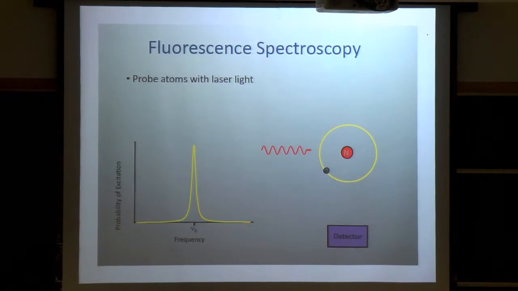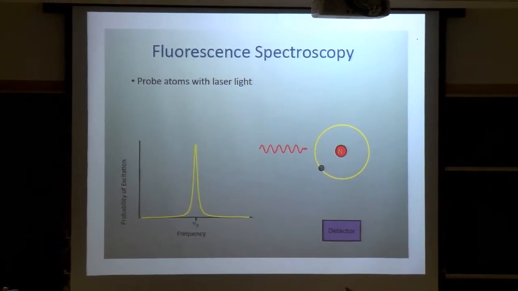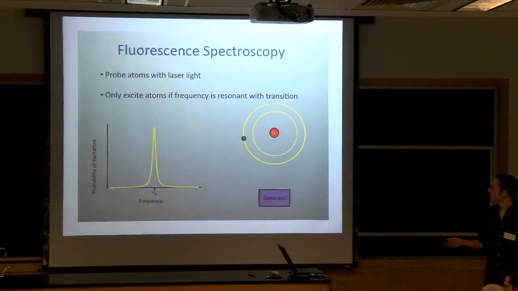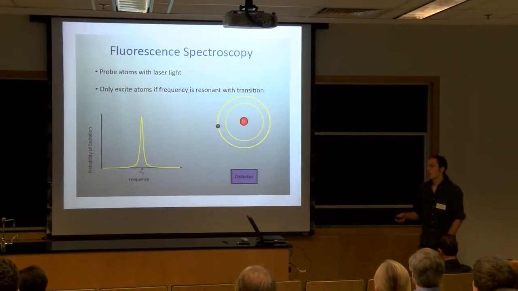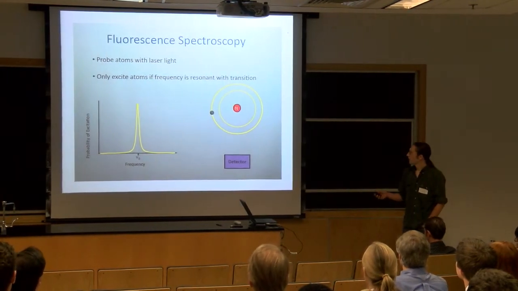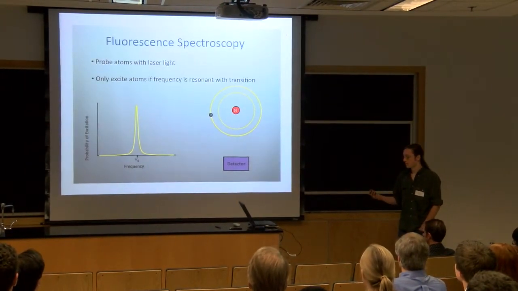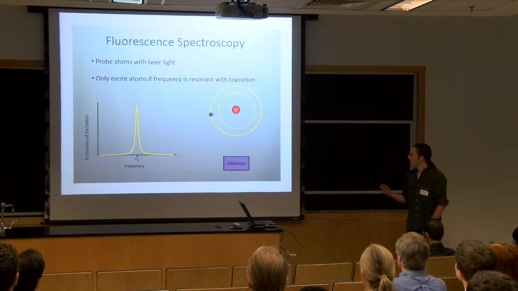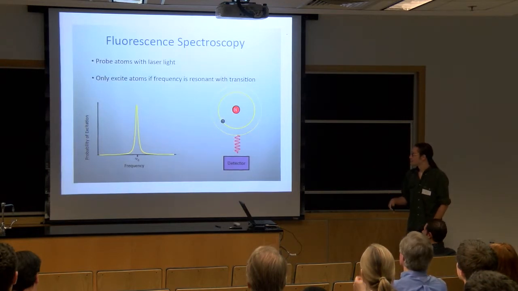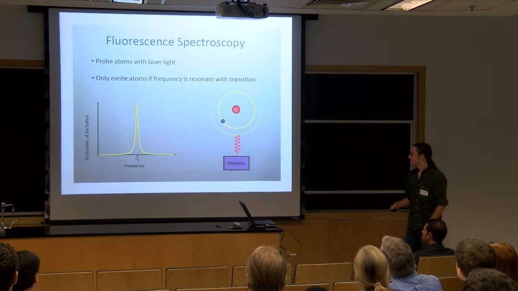So how do we make these measurements? We use fluorescence spectroscopy, which uses a laser to probe our atoms. So the laser light comes in, and if the laser is on resonance with the transition, the atom absorbs energy from the laser and goes up in energy with the state, and then it decays and emits light, which we can detect.